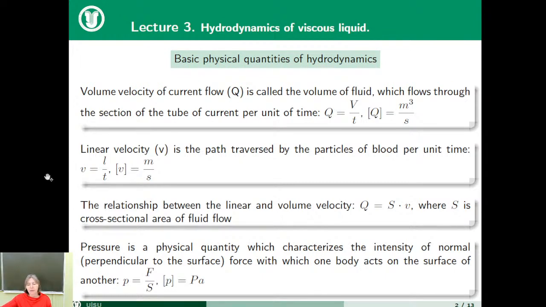And look at this expression: pressure, force, and area. F is the magnitude of the normal force on the surface, and S is the area of the surface. The SI unit for pressure is the Pascal. Blood pressure, P, is the force exerted by blood per unit area of blood vessel.